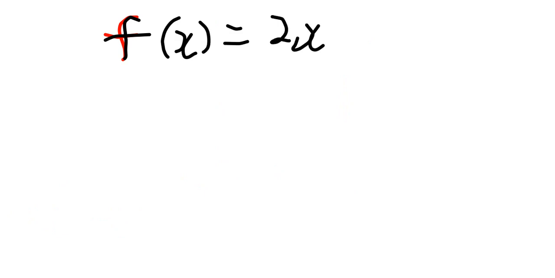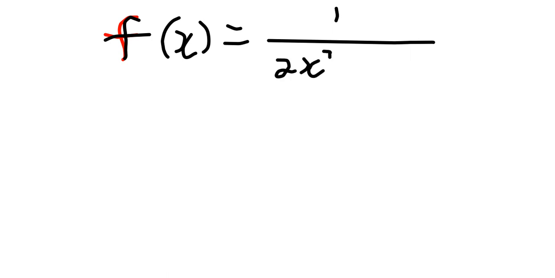Okay, now let's look at the no pole case. So let's say I've got f at x is equal to, oh, we're doing reciprocal, so it's 1 over that. f at x is 1 over 2x squared plus 4x plus 3.